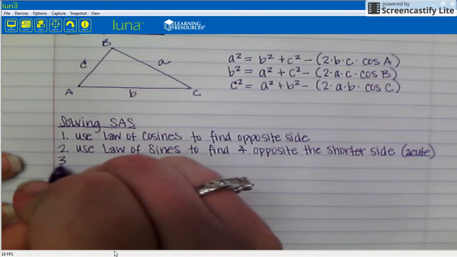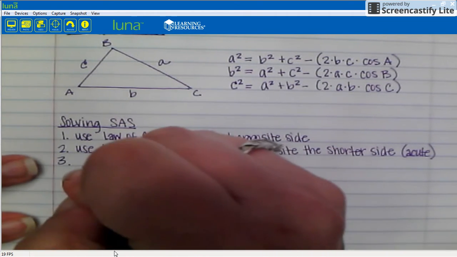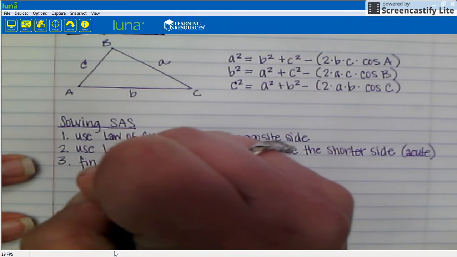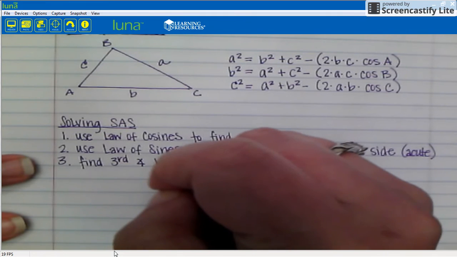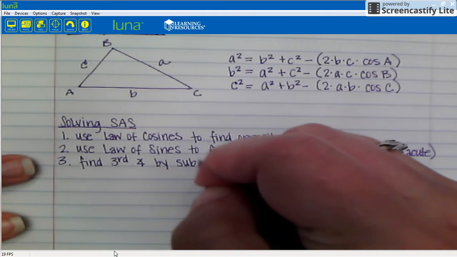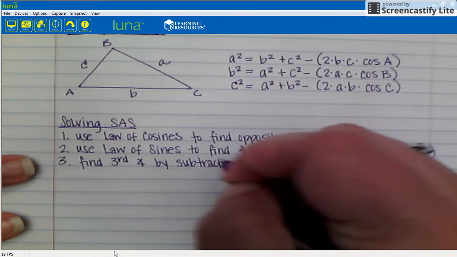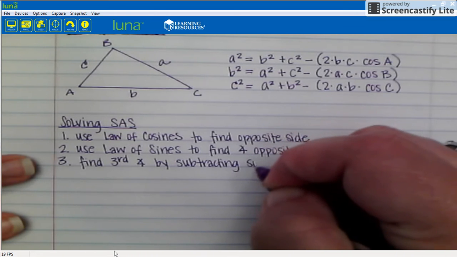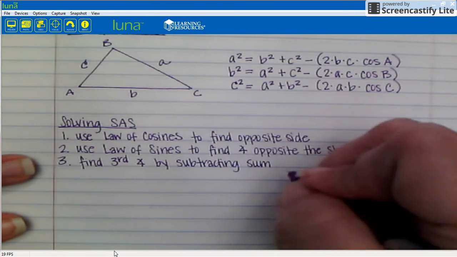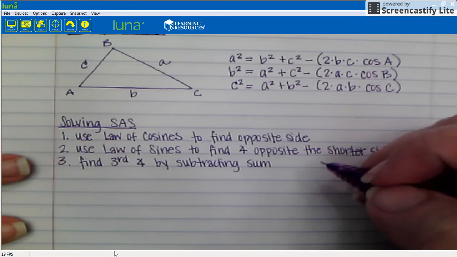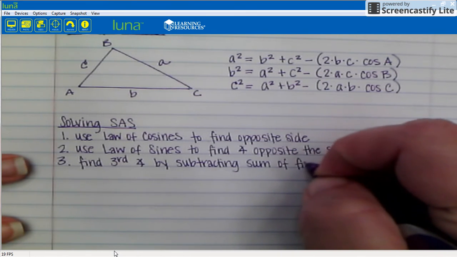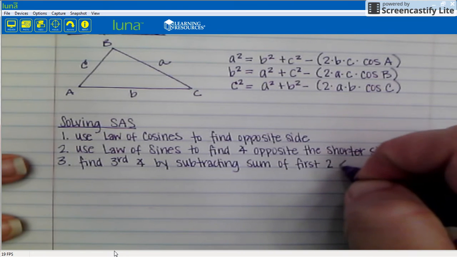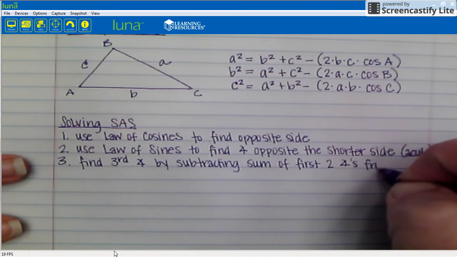And then your third step is you find the third angle by subtracting the sum of your first two angles from 180.